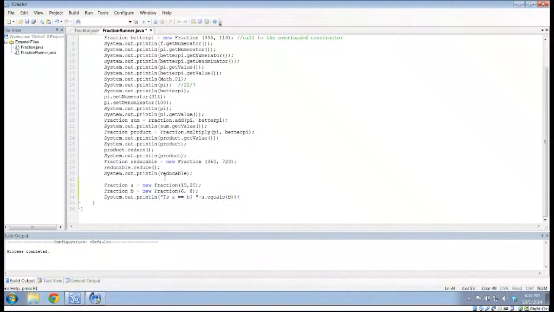So in other words, if I run this, it's going to say is A equal to B, and it's either going to tell me true or false, depending on the result of the equals method.